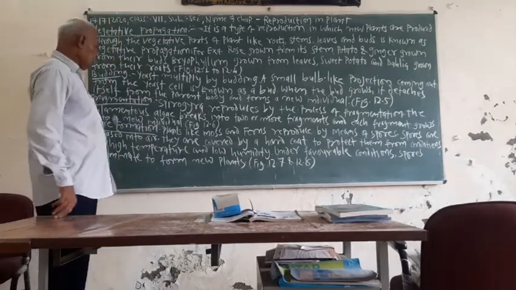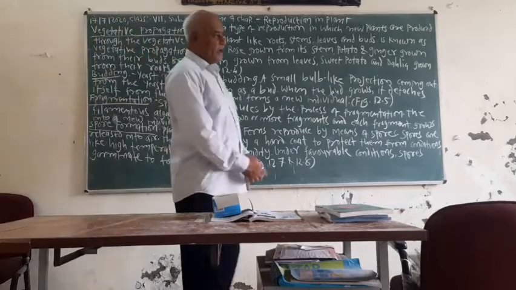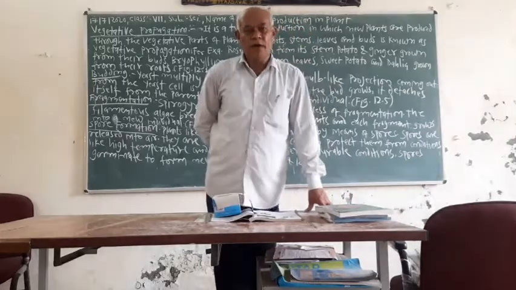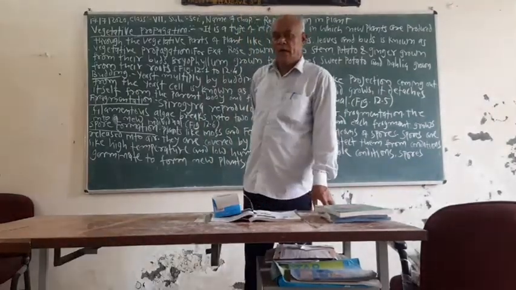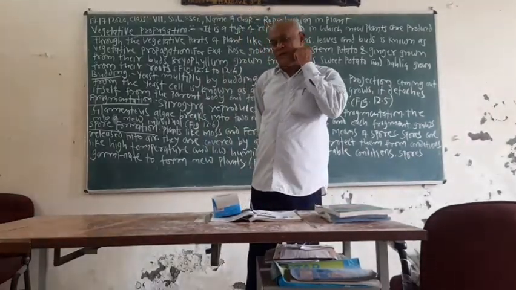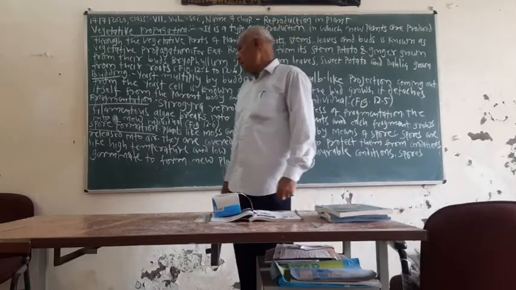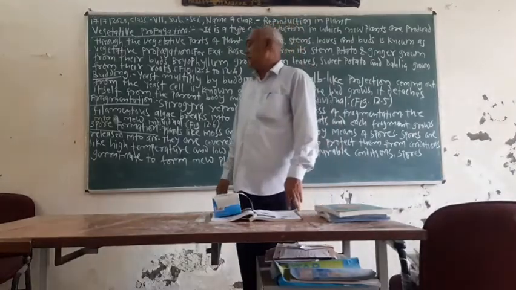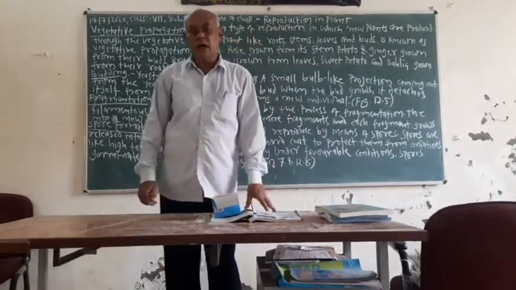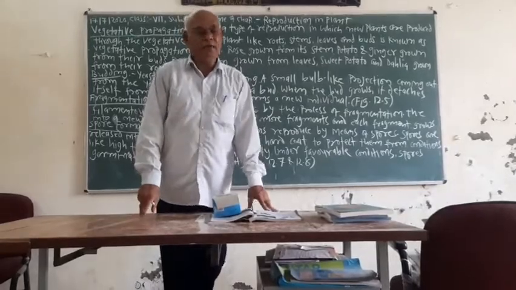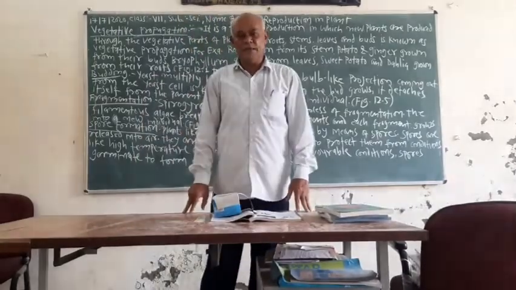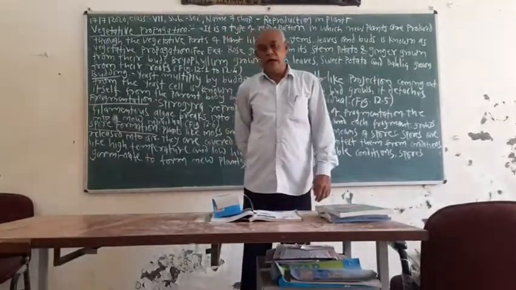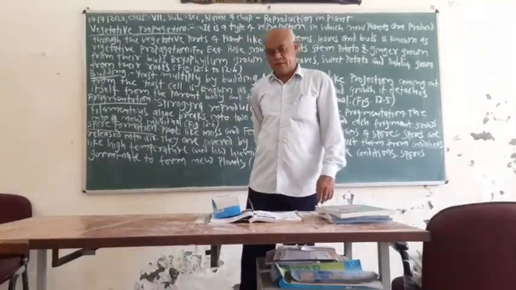These fungi grow on the bread or any food item and reproduce there by the process of spore formation. Therefore, asexual reproduction is of four types: vegetative propagation, budding, fragmentation, and spore formation.